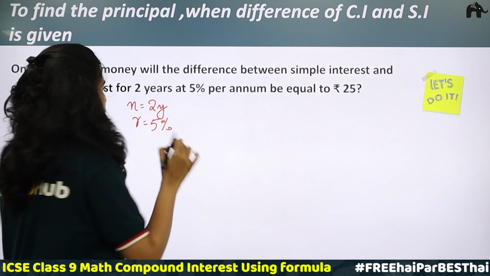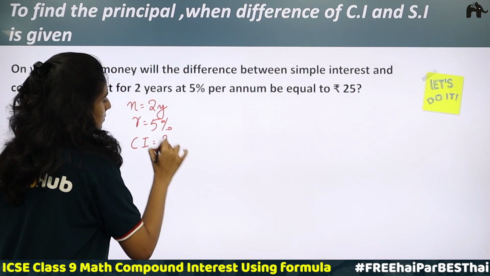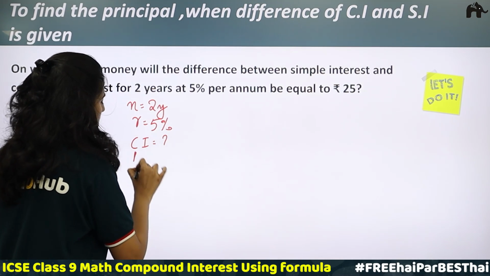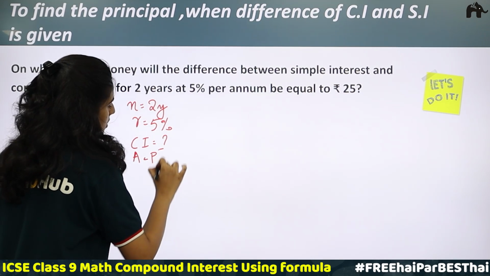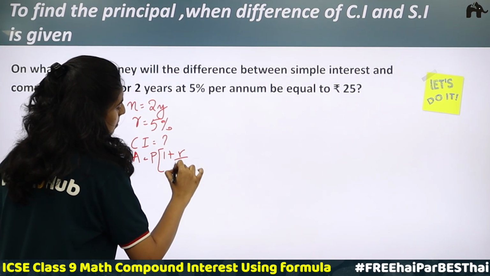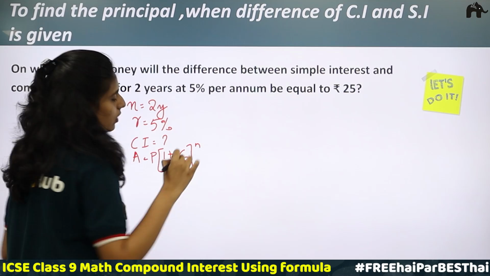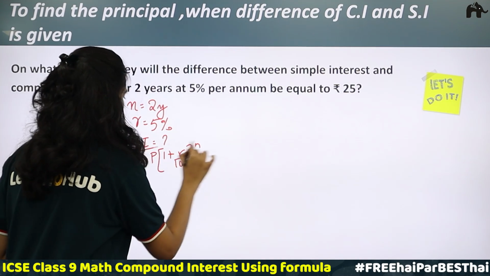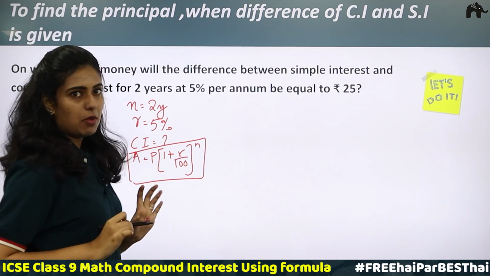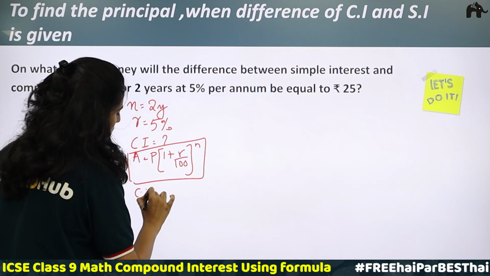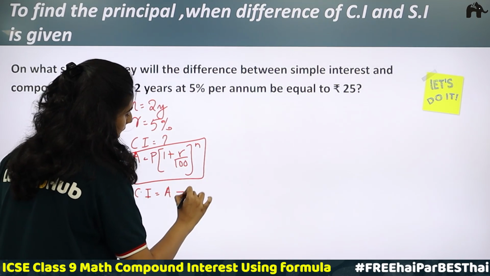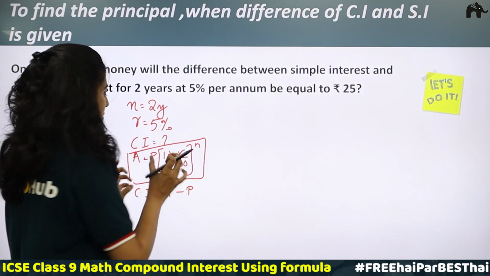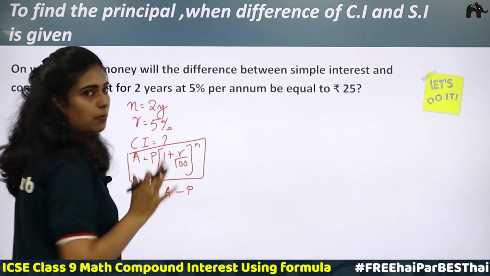Okay. How to find compound interest? We have a formula, amount is equal to P into 1 plus R by 100 whole raised to N. This is the amount. What is compound interest? Compound interest is equal to amount minus principal. Why?